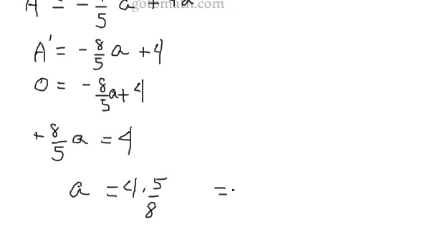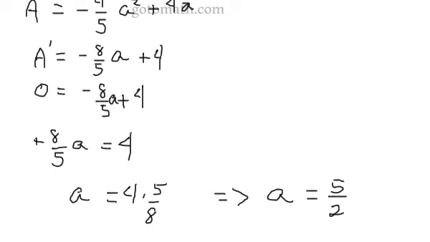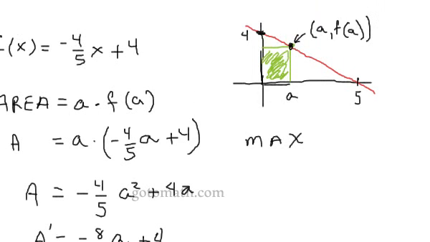And then we can simplify this down even more. 4 goes into 8 2 times, and we are left with 5/2, so that's 2 point something. So A is equal to 5/2.